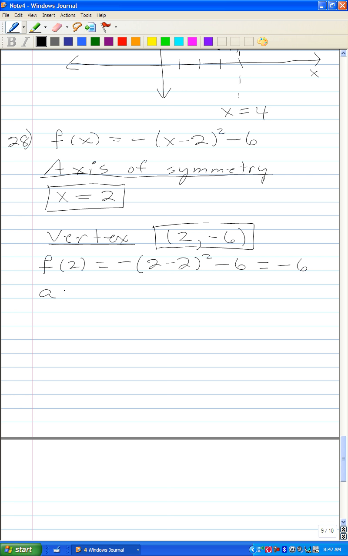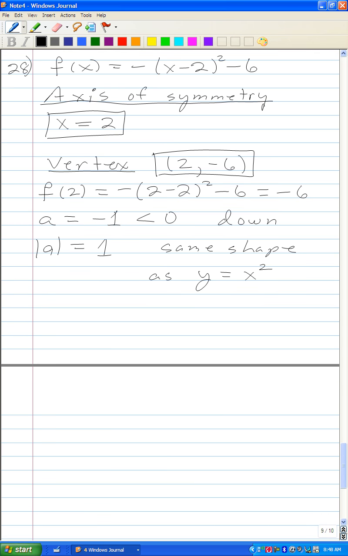The coefficient in front of the square term is negative 1, which is less than 0, which means that this points down. A in absolute value is just 1. And so that means that this actually has the same shape as the graph of y equals x squared.